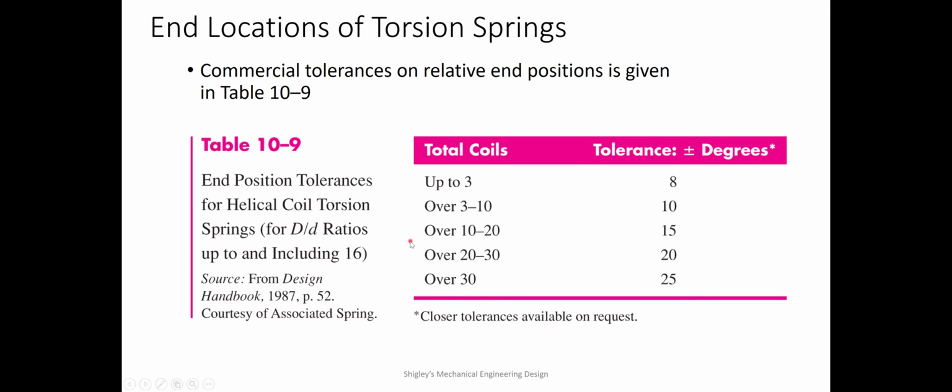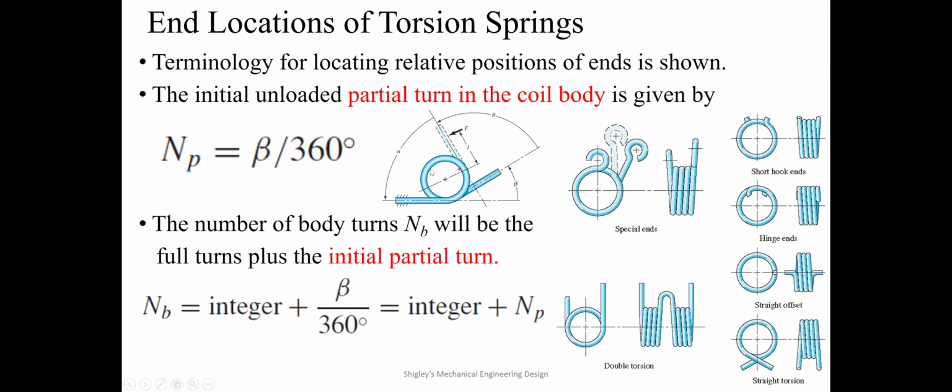So this design handbook table shows the conventional tolerance for torsion springs. There are different types of torsion spring here, depending on what your application is.